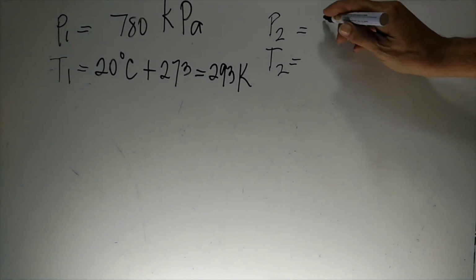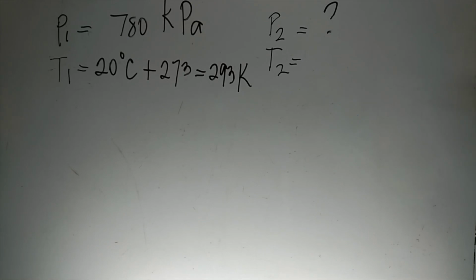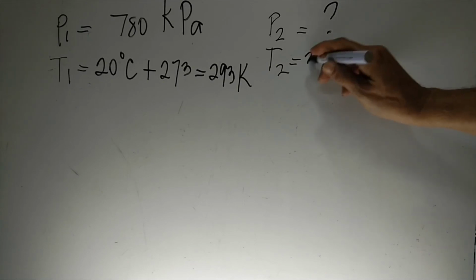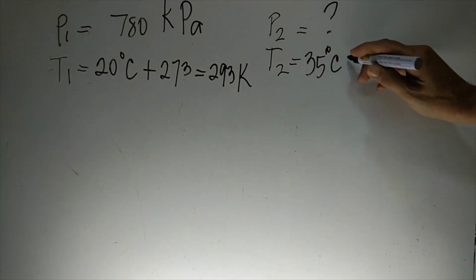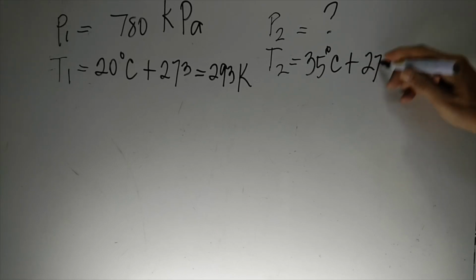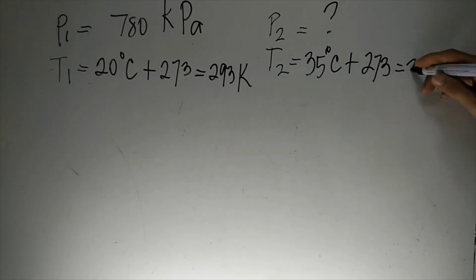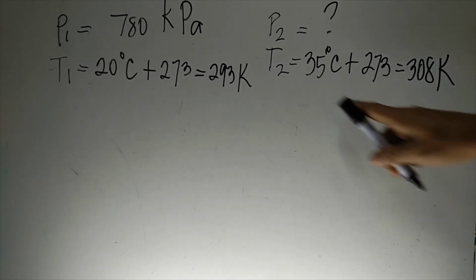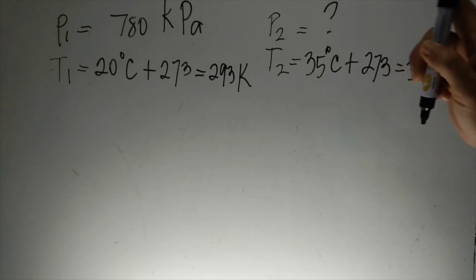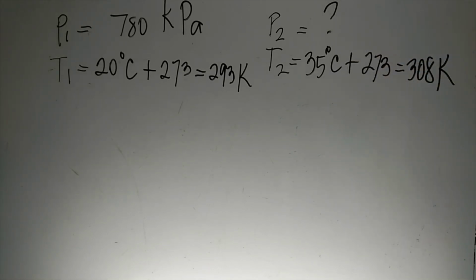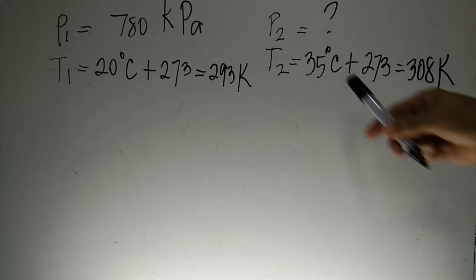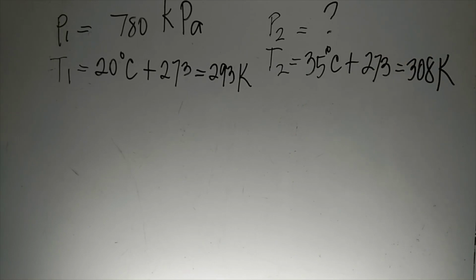For P2, it is unknown, and the temperature T2 is 35 degrees Celsius plus 273 will give us 308 Kelvin. So it's 35 because the temperature is increased by 15 degrees Celsius. So T1, 20 degrees Celsius plus 15 will give us 35 degrees Celsius.